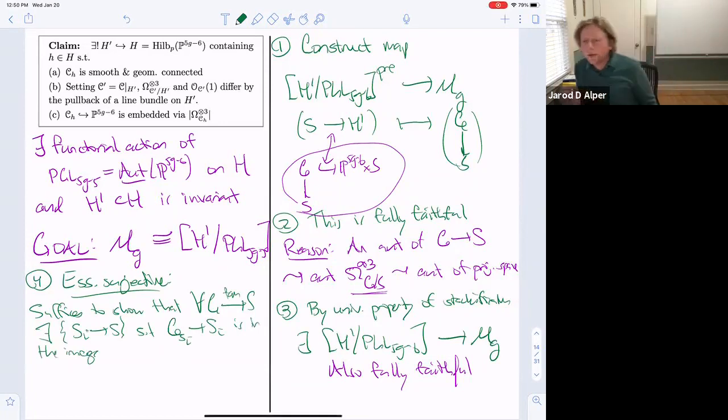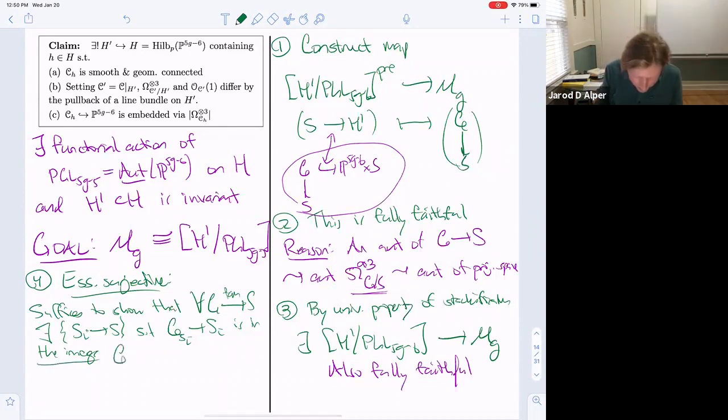This is like saying what it means for a map of sheaves to be surjective: not any section lifts, but it locally lifts. And because both things are stacks, if you know it locally lifts, then you can glue everything together using the fully faithfulness.